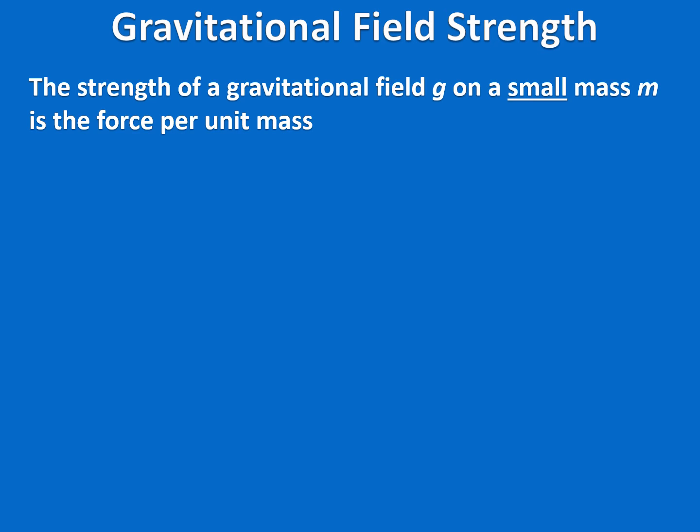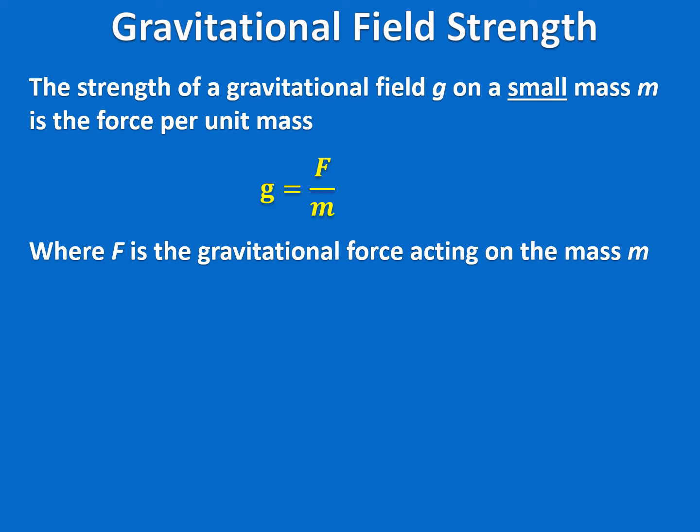So thinking of the gravitational field strength, we can define it as the force per unit mass. So for a small mass m on Earth, g, the strength of the gravitational field, is equal to the force per unit mass.